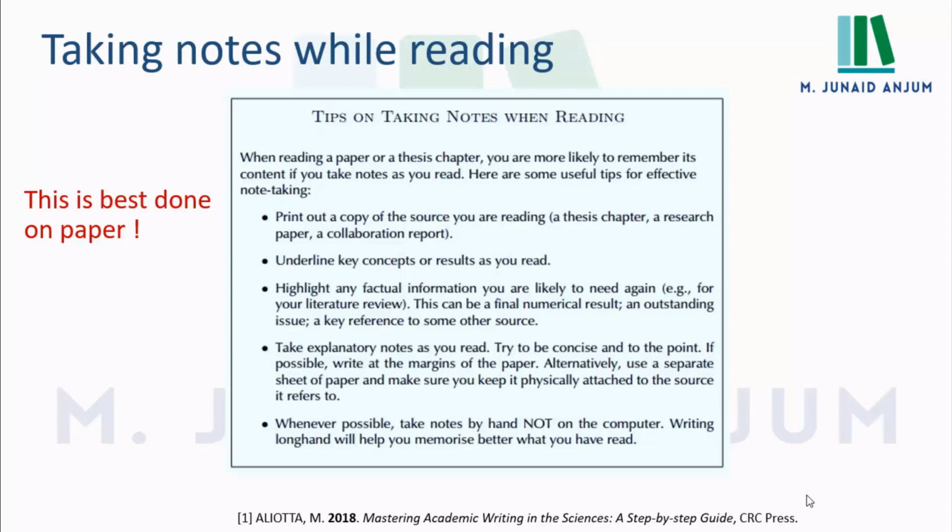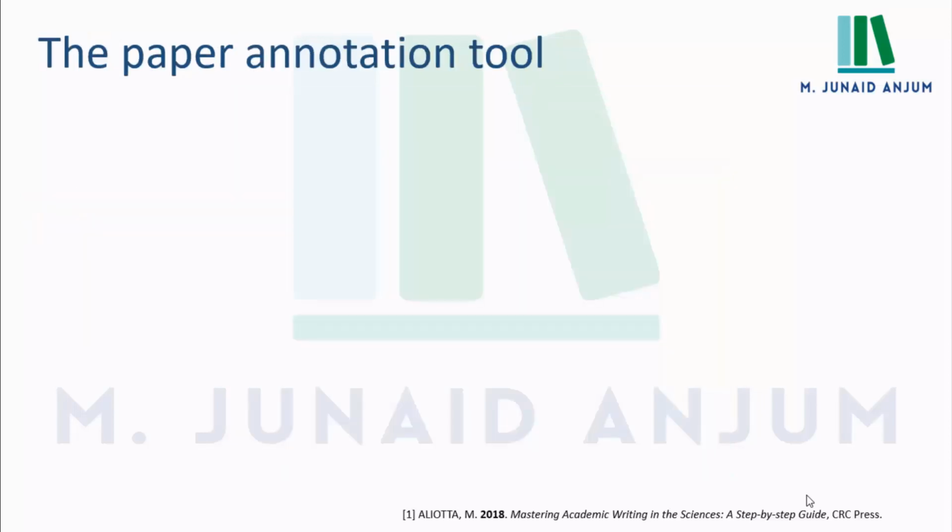And whenever possible, take notes by hand, not on the computer, because if you write anything by hand, it will be memorized in your head, and whenever you are reading, you may have an idea that you have read this type of information somewhere, and you can easily retrieve that information.